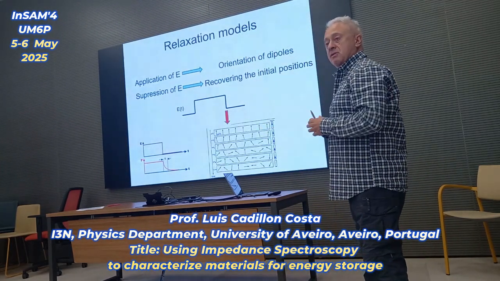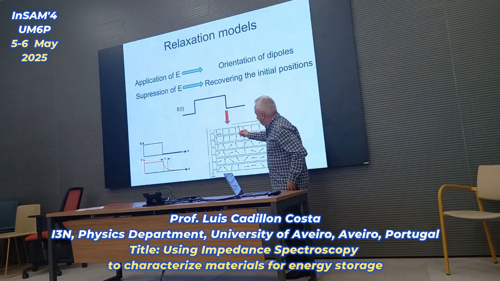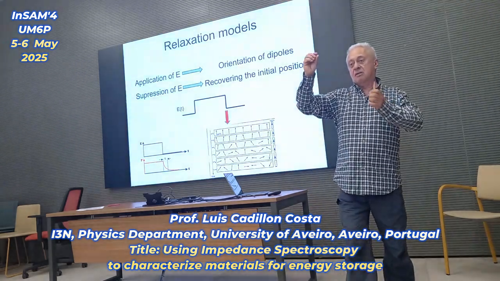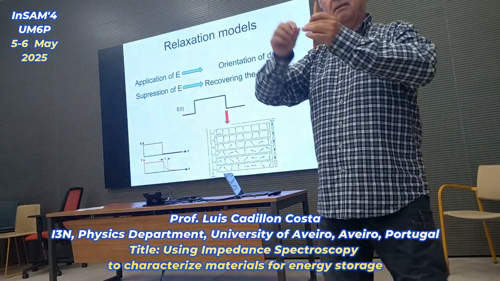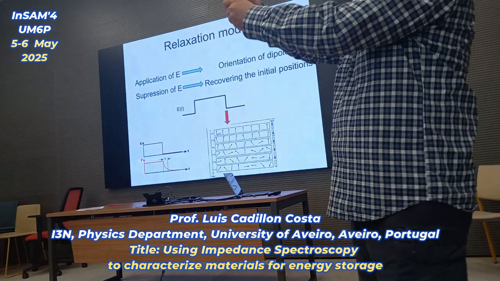Then I create exactly this electric field. And what happens when I put this? The dipoles. A dipole is a mix of positive and negative charge. This is a dipole, and I can rotate these dipoles.